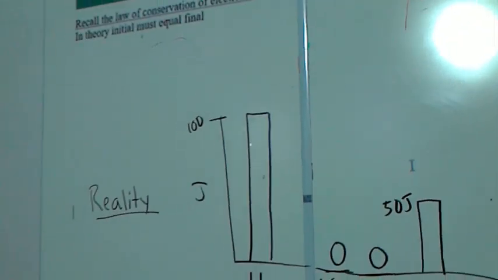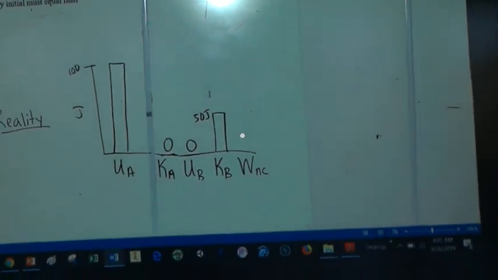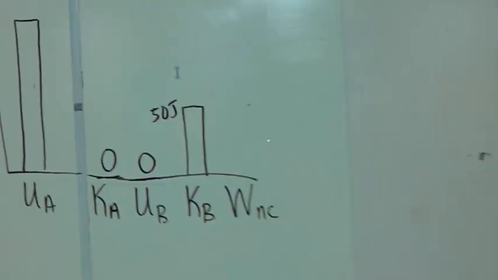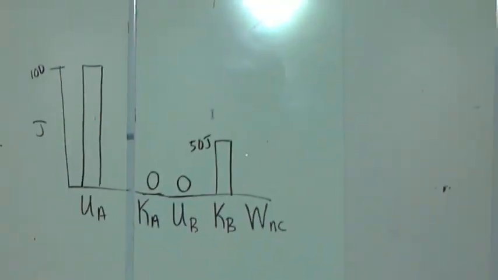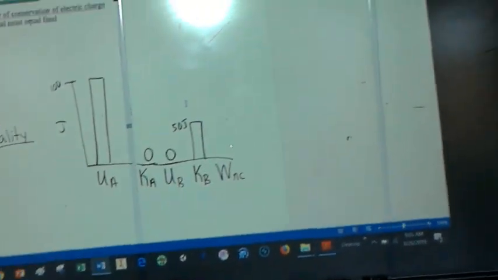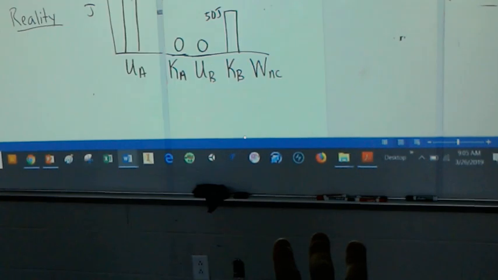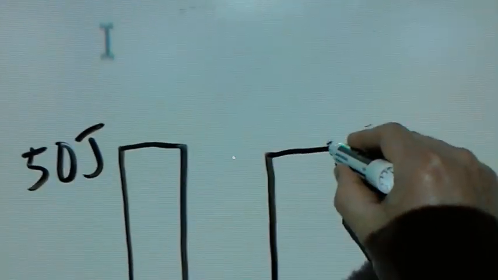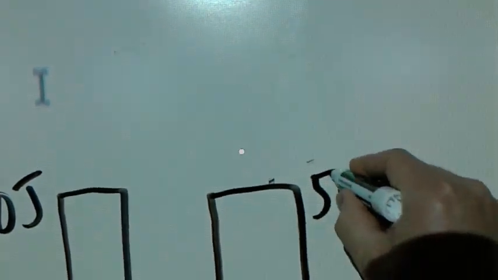We'll say we're going to get 50 joules back, and the reason is that there are some non-conservative forces, friction, working in this case. This is very obvious if you've ever plugged in your laptop or your phone and put your hand on the charger, you will feel that it is warm. So some of this energy is dissipated in non-conservative forces such as heat, and that would add up to 50.